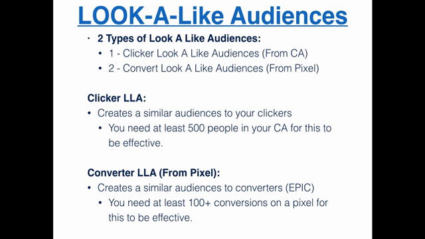This can help you scale your campaign. Then once you've really got a lot of sales to your shirt, if you can manage to get over 100 conversions or so on that pixel, then you go in and you can create a converter lookalike audience, which will then not just look at the similarities between the clickers, it'll start identifying the similarities between everybody that's buying, all right, which is just pure gold.